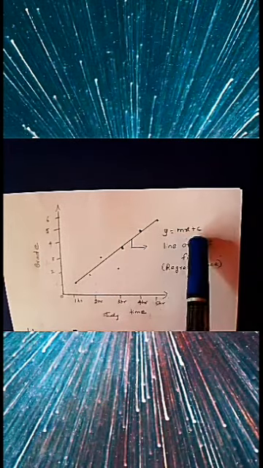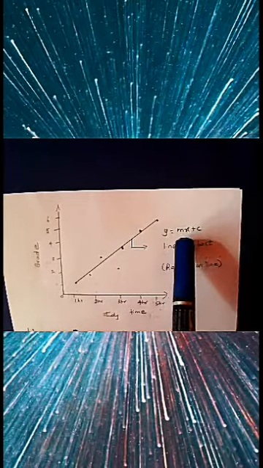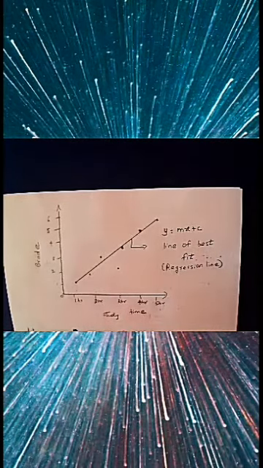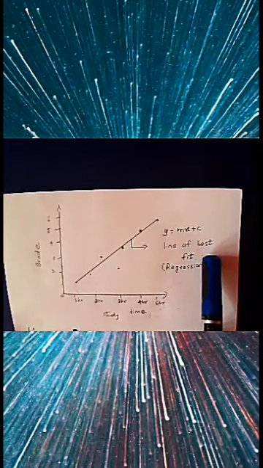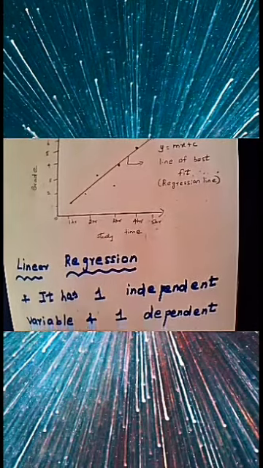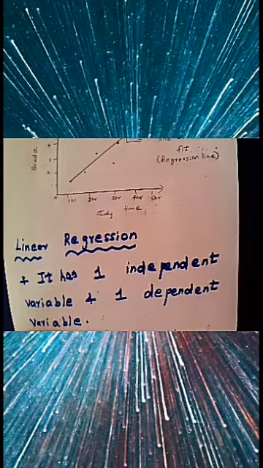This equation is written as y = mx + c, where m is your slope. Basically, you should know what linear regression is. Linear regression is nothing but the line of best fit. This linear regression has one independent variable and one dependent variable.